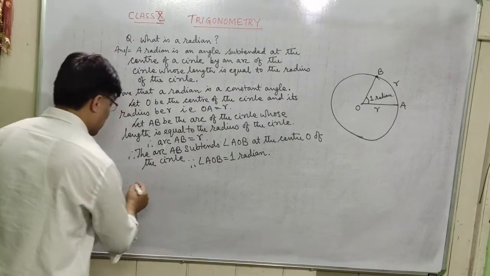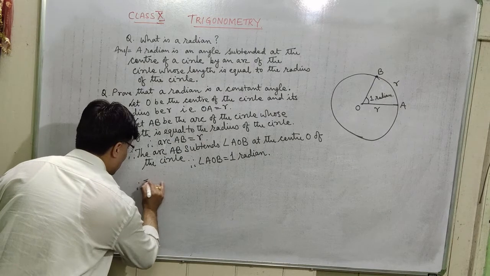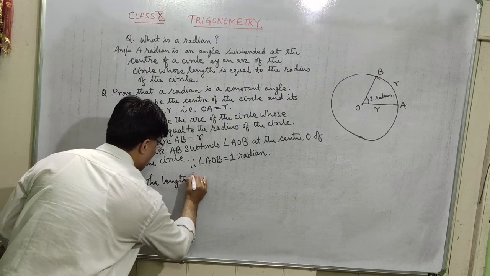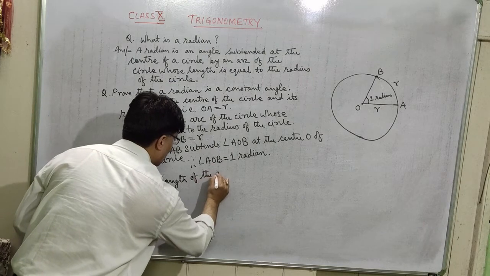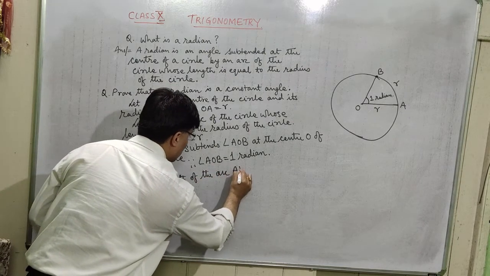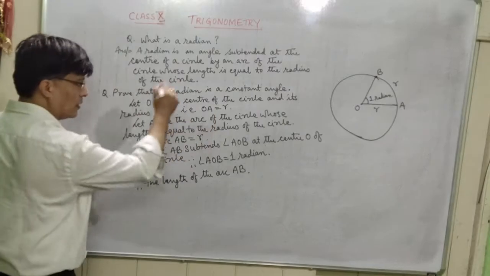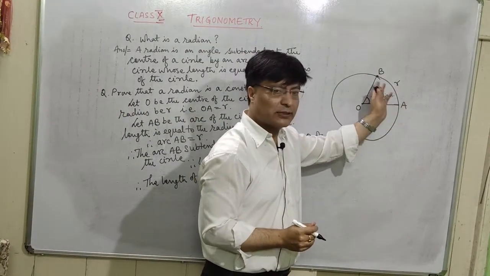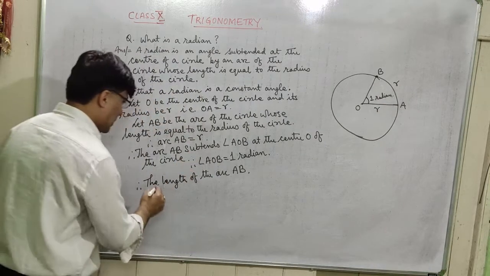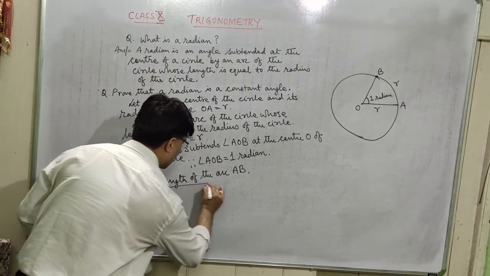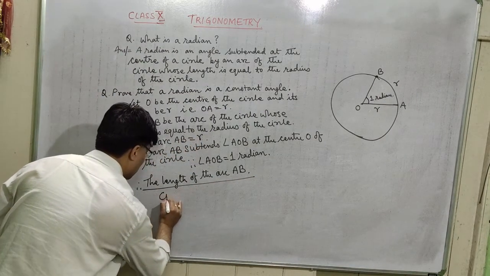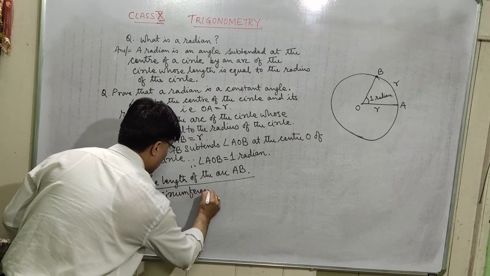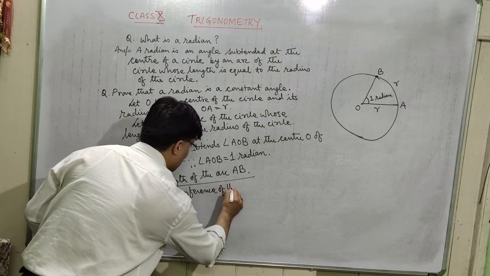So let us write here now, therefore the length of the arc AB, so only arc AB is taken out here. The length of the arc AB divided by the circumference of the circle.